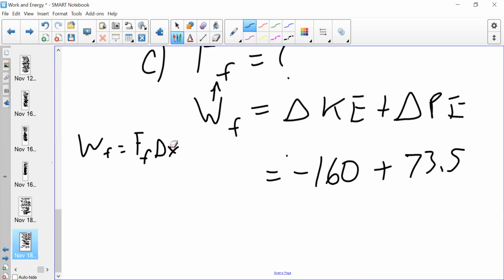We have to keep those parallels going. The energy lost to friction is this, but the loss in kinetic energy is this. And the work done by friction is going to be the sum total, because friction is going to be taking every form of energy out.